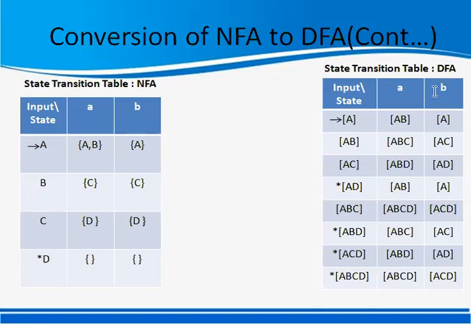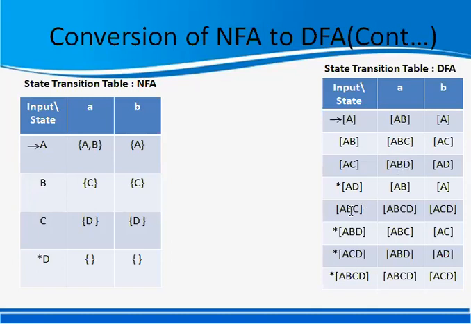Now on input small b, the union of AD will give A. So we have written here state A. Now we have seen transitions on AB, A and AD. We have not seen the transitions on ABC and ABD.